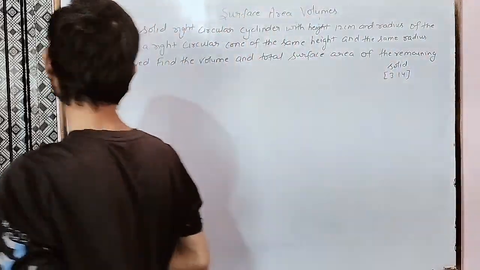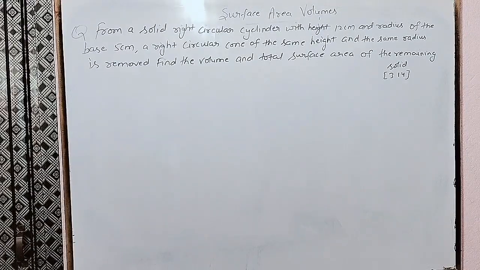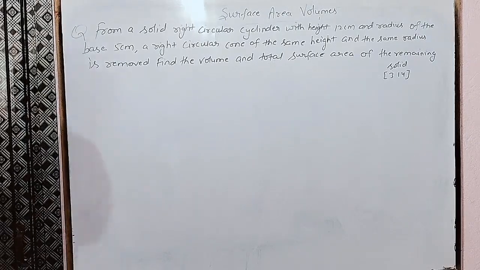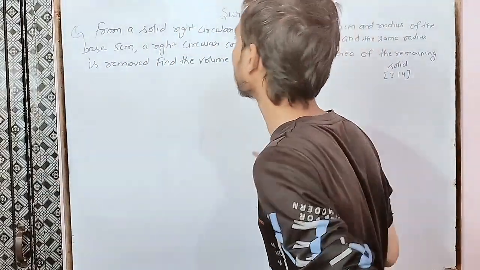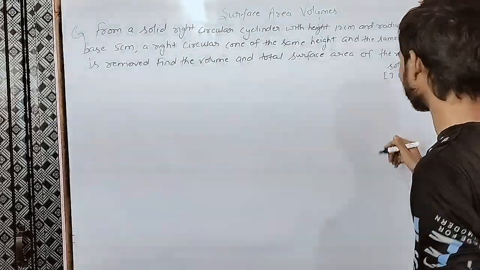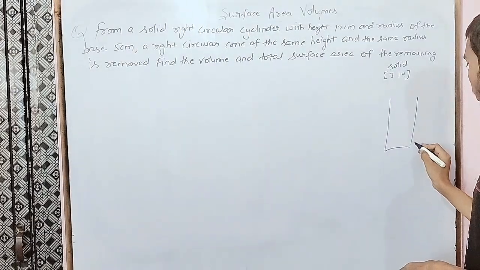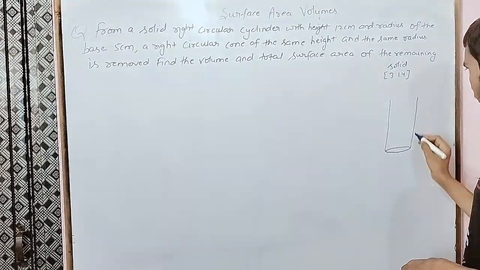Now this is your question. We can say what the question is saying. It is saying that from a solid right circular cylinder, first you can draw a right cylinder, which means straight like that.